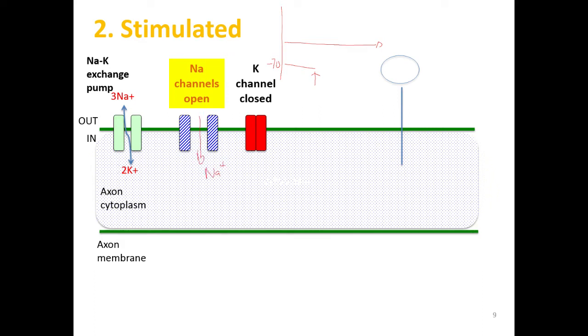Now, there are more positive ions inside the axon, and this causes the membrane potential to spike and become more positive, changing from negative 70 millivolts to a value of about positive 30 millivolts. This is the first phase of the action potential known as depolarization.